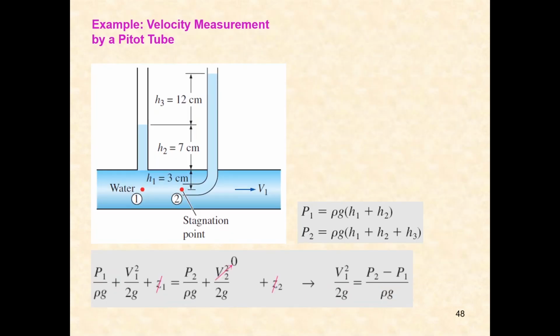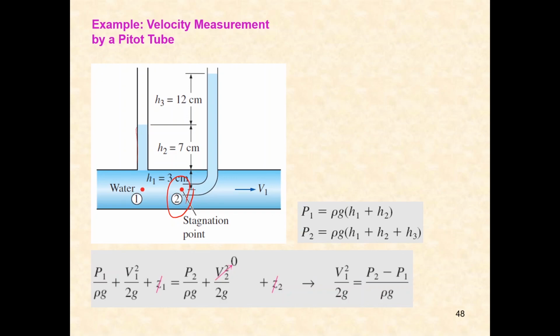Okay, and this example is velocity measurement by pitot tube. We have already discussed this before. Point 2 here, this tube, measures both the static and dynamic pressure. Meanwhile, the one at point 1 here only measures the static pressure.